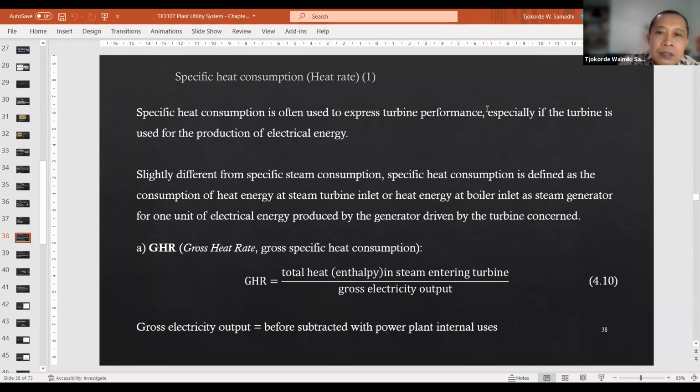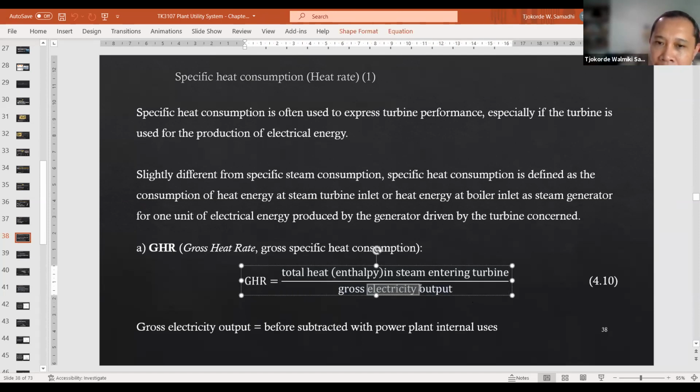If you look at the unit of HR and how it is calculated, it is quite obvious. For example, gross heat rate or gross specific heat consumption is calculated by taking the ratio of the total enthalpy of steam entering the turbine divided by the gross electricity output. Now take a look at the peculiarity here.